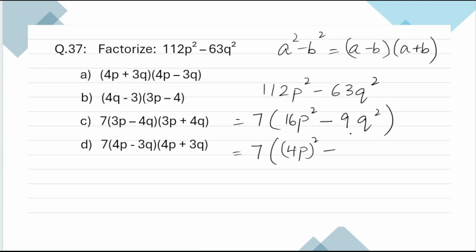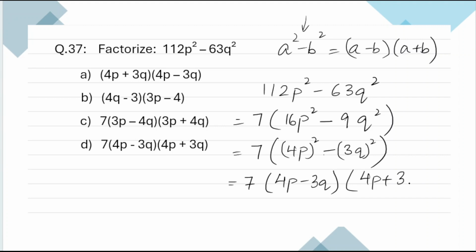Minus 9 is the square of 3, so 3q whole square. And see, it has taken the form of a square minus b square. So my answer is 7 times a minus b, that means 4p minus 3q, times a plus b, 4p plus 3q. That is our answer. So option D is the correct choice.